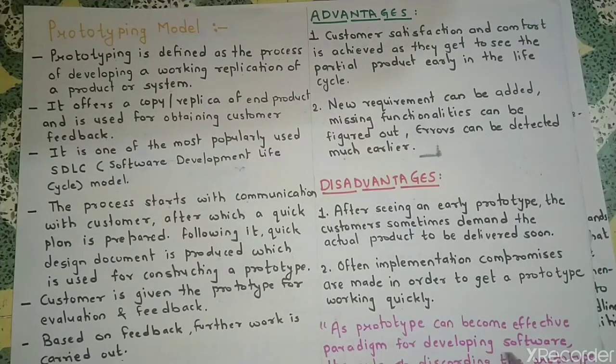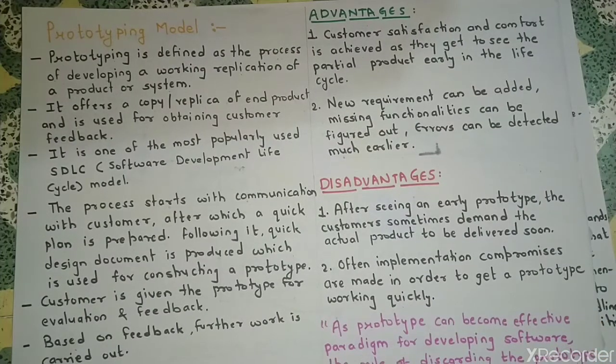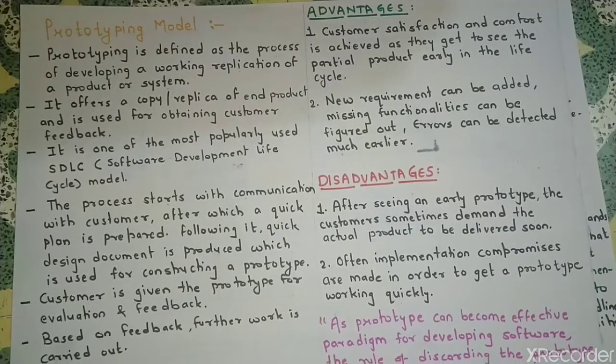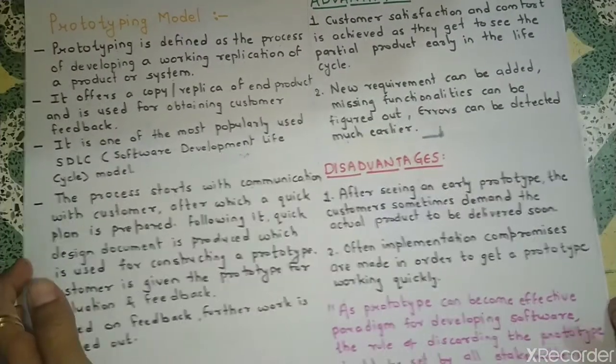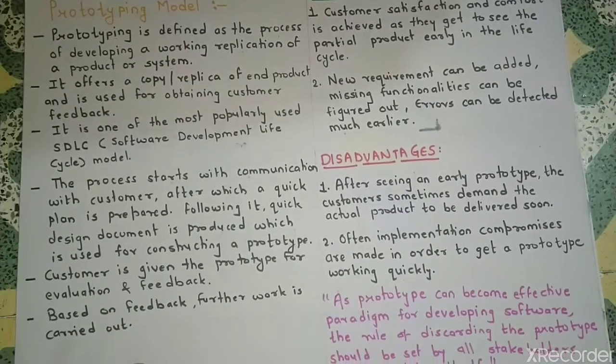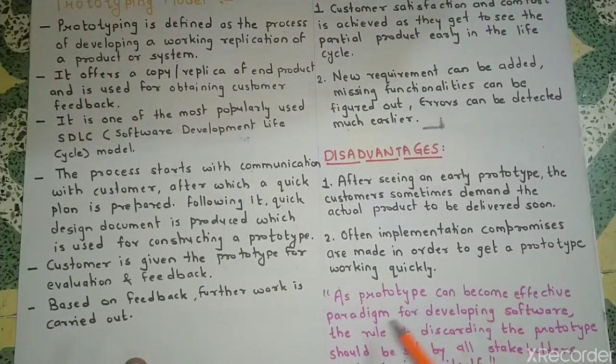Because I wanted to show something to my customer, we may compromise with some technique, and in the hurry we just give it by compromising the technology. Because of that, quality is getting hampered.